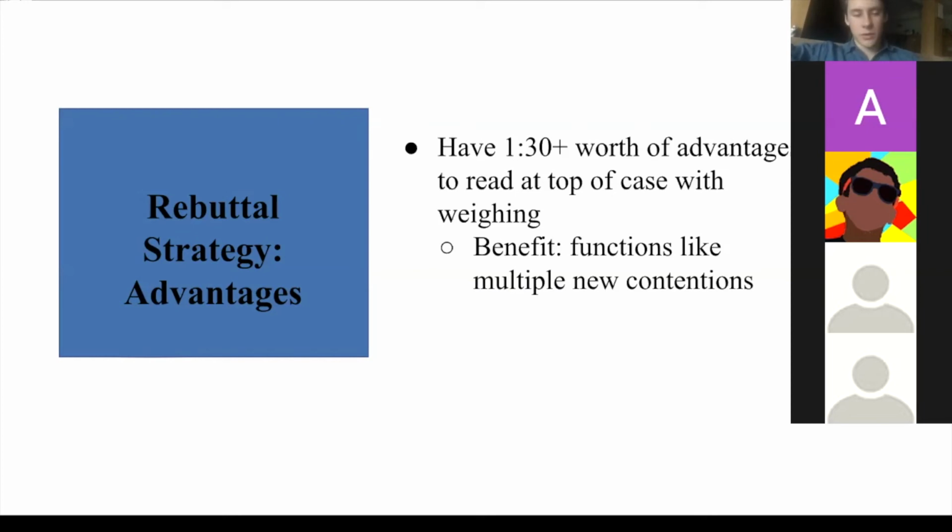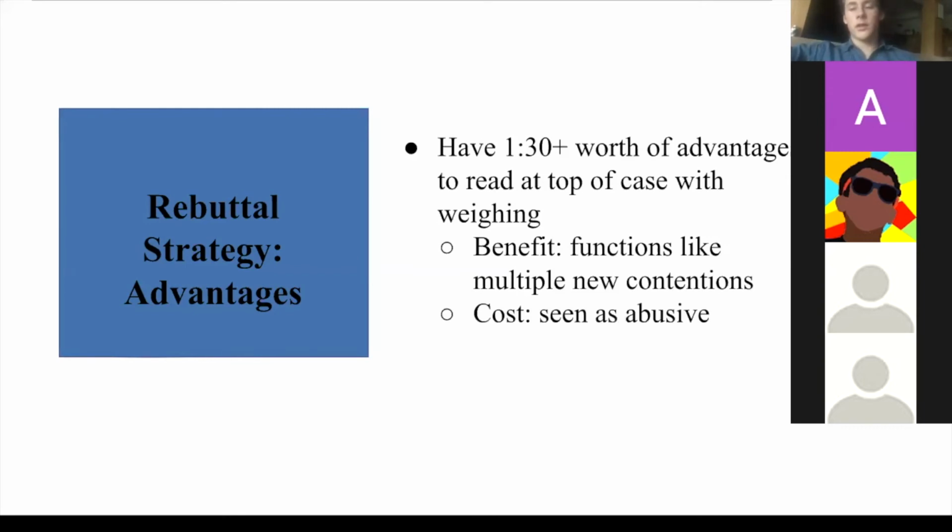I've had a lot of teams do this to me, and it's a little unfair because you were supposed to read the contentions in the constructive, but you can get away with this a lot of the time, especially if you can come up with some reason why what you read is directly or indirectly responsive to the case that you are dealing with.